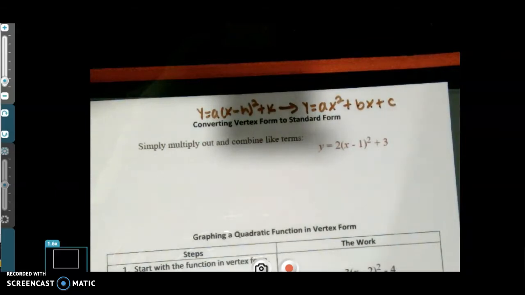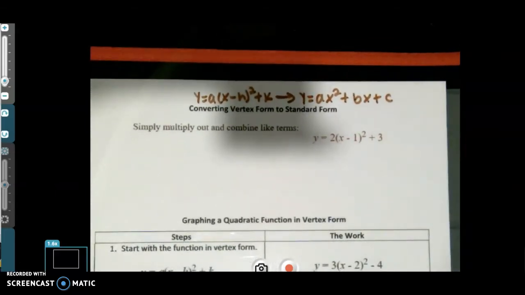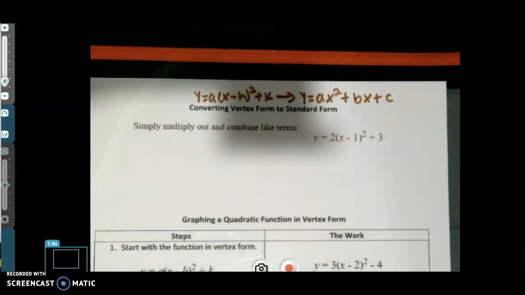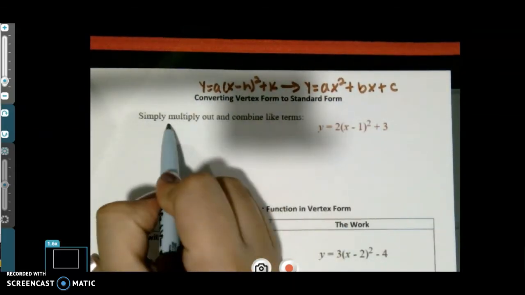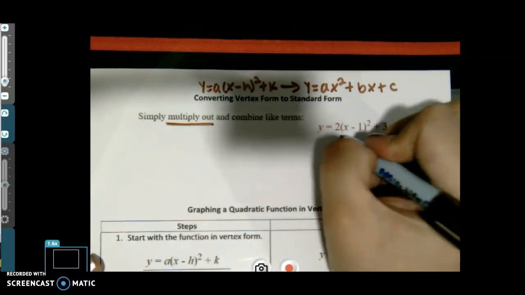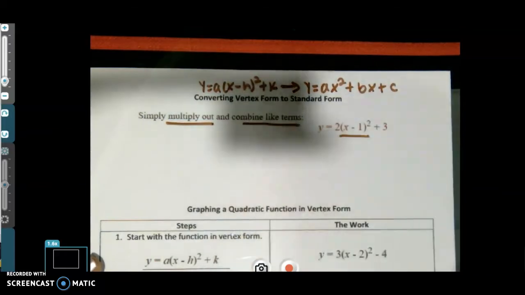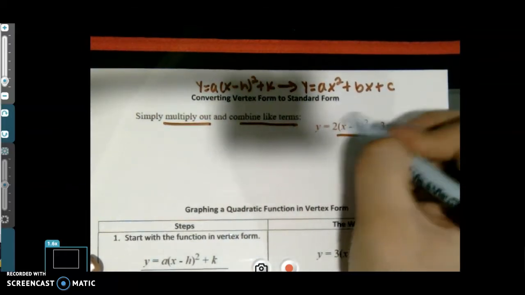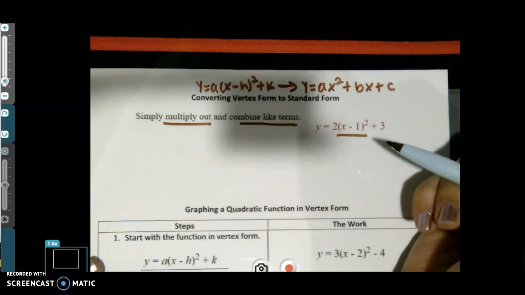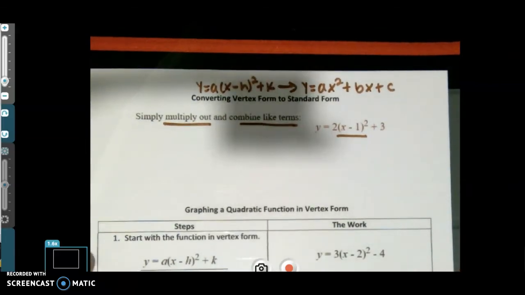Now I will say this one's easier than converting the other way around, okay? So you have to simply multiply out, meaning we're going to multiply this and then combine like terms, okay? So we're going to multiply this right here, x minus 1 to the power of 2 first, because that's important.